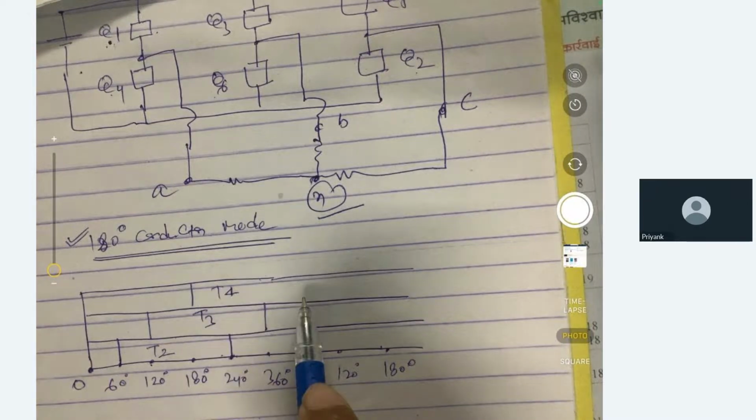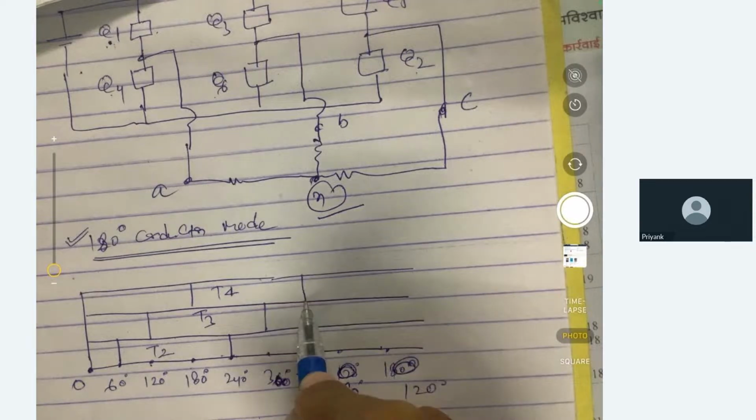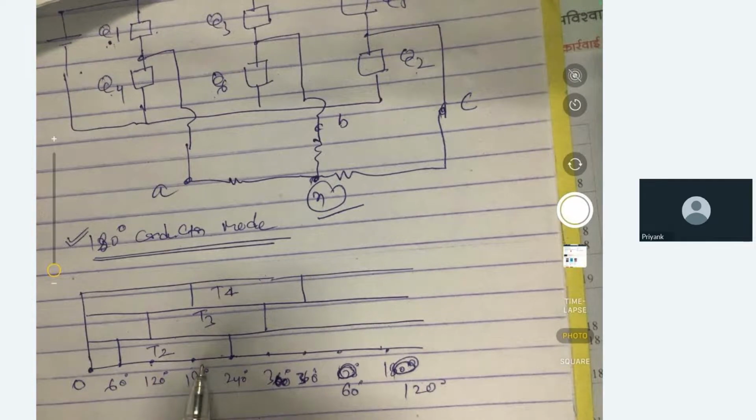For 180 degree, 180 plus 180, it will be 360. Okay, I have missed something actually. Here it will be 300, and here it will be 360, and this will be 60, and this will be 120. So till here it will be T4. T2, T3, T4. Now again T5 will start from the bottom. T5 will be fired at 240 degree, and it will run for 180 degree.